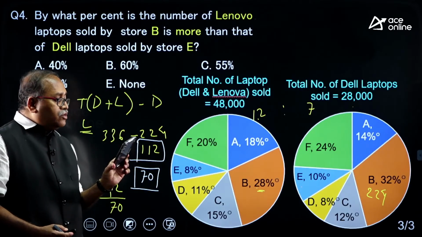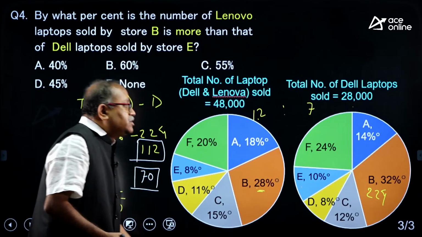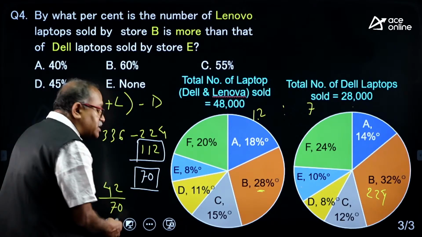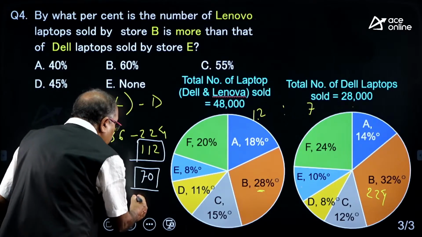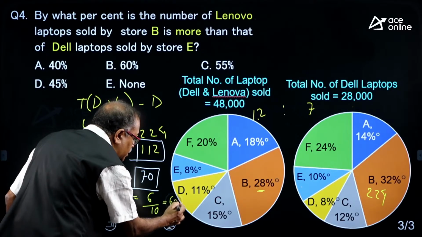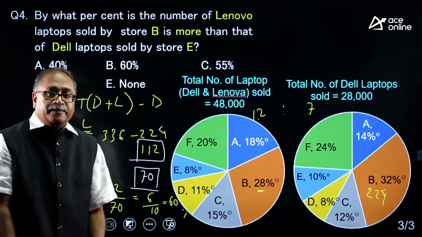Okay, Mr. Aman, you have already said 60%. All your answers are correct, sir. Today I didn't put up the answer options. So, with 7 in both numbers getting cancelled, it gets 6 by 10, and 6 by 10 is nothing but 60%. Well done, my dear friend, well done.